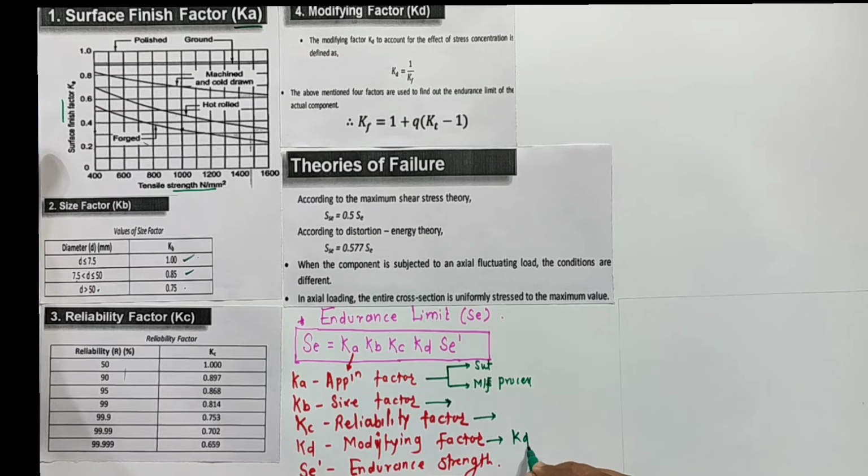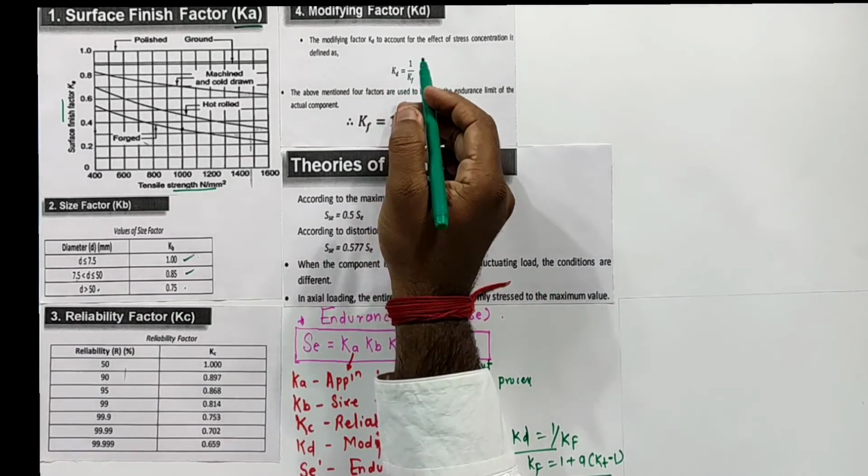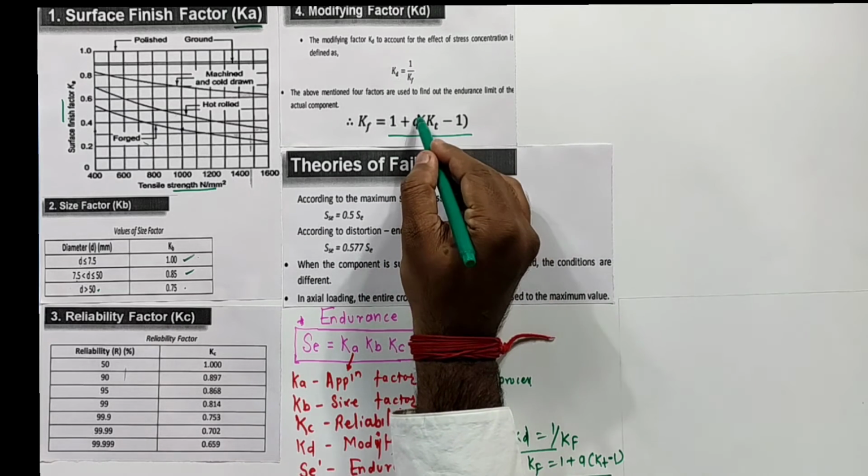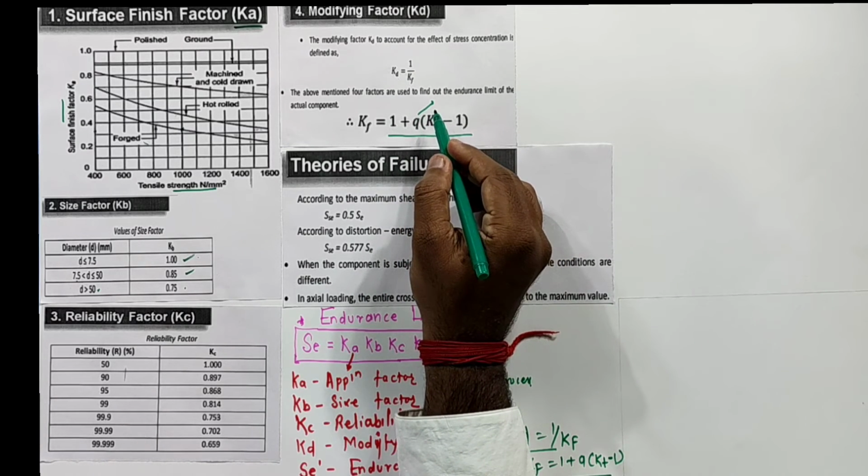KD, modifying factor, very important. KD is generally the reciprocal of KF, and KF is nothing but 1 plus Q into (KT minus 1). That we have proved. So for KD no graph is required, KD is equal to 1 by KF. Q is situated between 0 and 1.